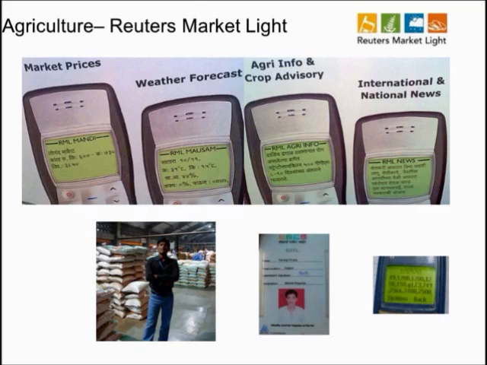And here you see an undergrad student, well at least at the time of study, in IT, who is, apart from his study, a markets reporter for Reuters Market Lite. And you see him here at a Mandi, a local market. And his tools are his cell phone, of course, where he can send the crop prices, and he has an RML market reporter card.